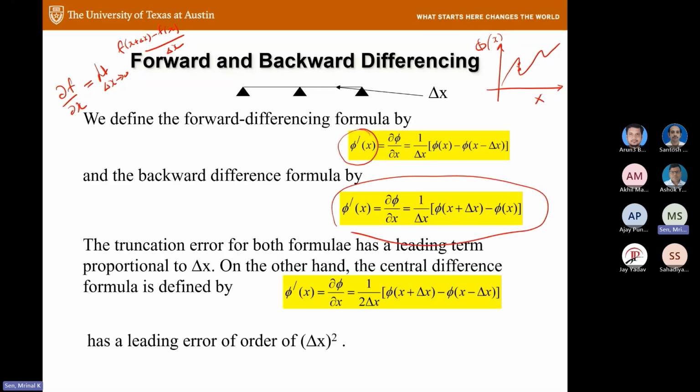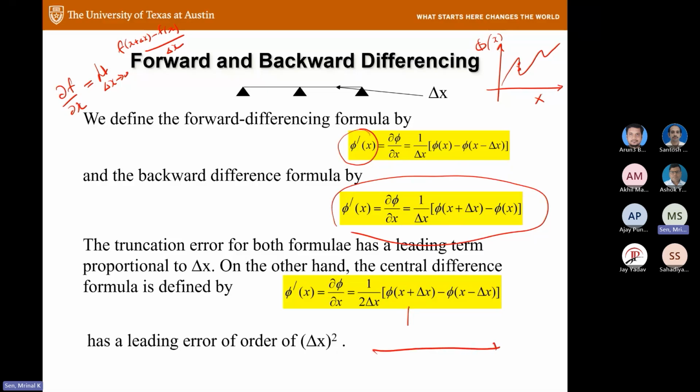So these are both equally valid, except that it depends on what the delta x is. But then why should I just use this approximation? I could also use what is known as the second order derivative. This is called central difference. So there are three different ways you can compute this.